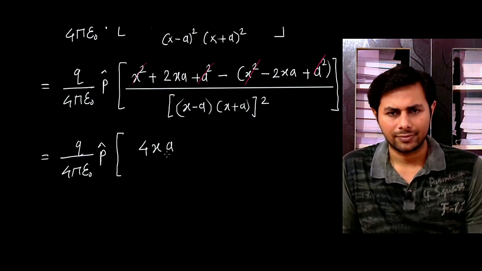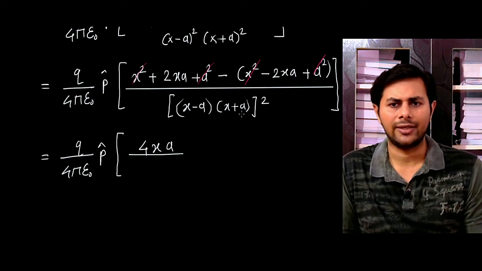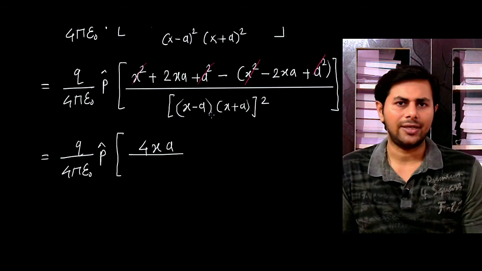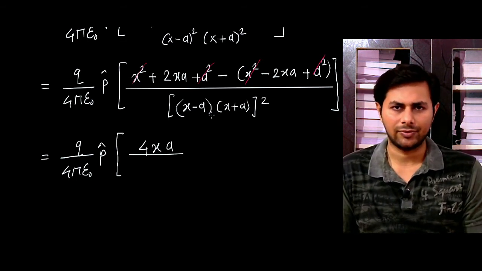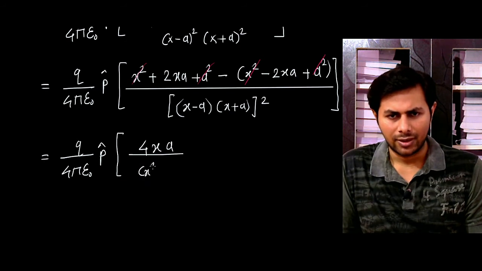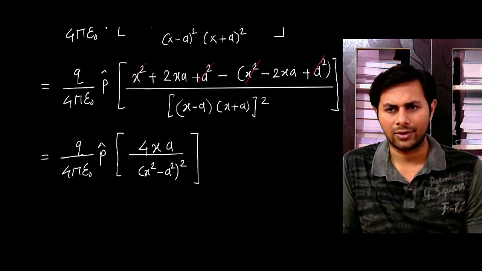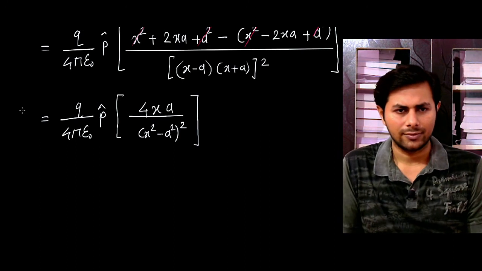All right. And in the denominator we have (x minus a) into (x plus a), squared. So we know x minus a times x plus a is x squared minus a squared. So I can write this as x squared minus a squared, and square of that.